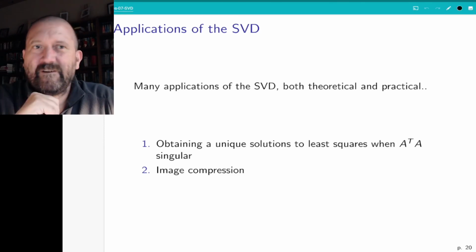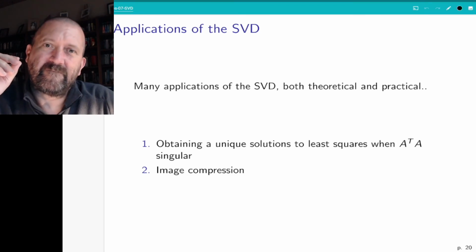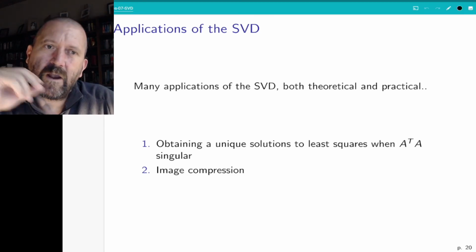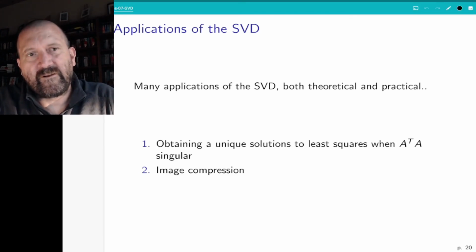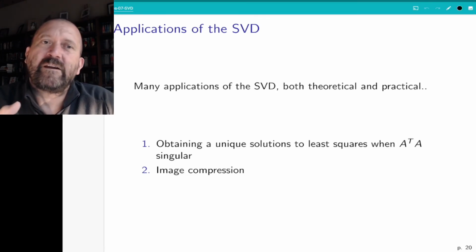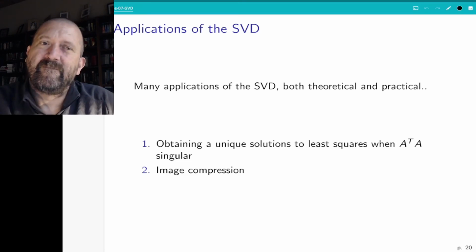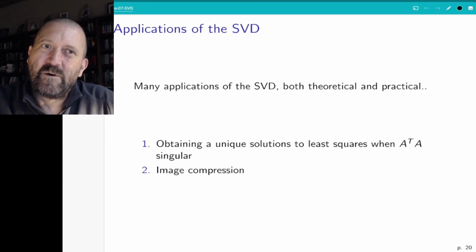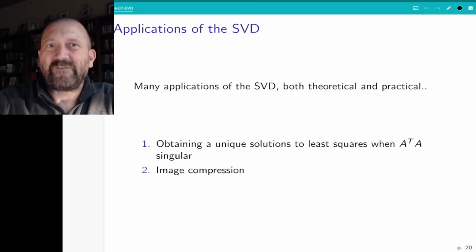The first case that I want to come back to is that the SVD is going to allow us to get unique solutions to least squares problems in all cases. They're going to be unique, not quite in the same way as the unique solutions we get when the columns of A are linearly independent, but they are going to provide more guarantee of uniqueness.